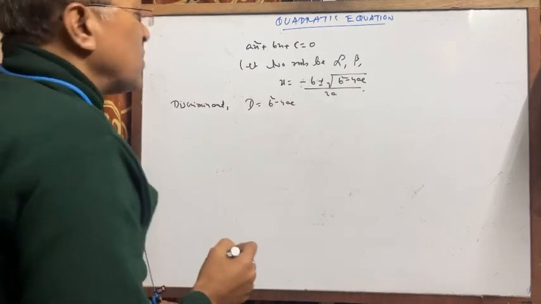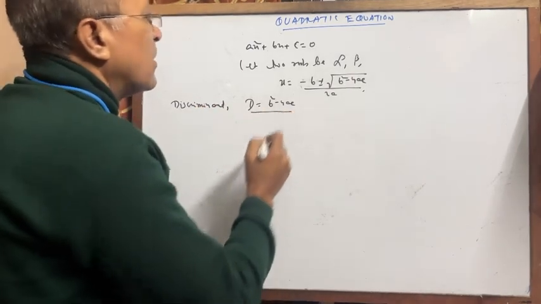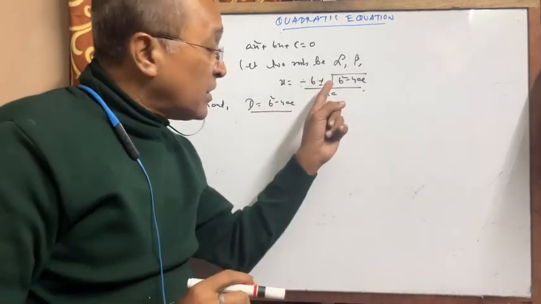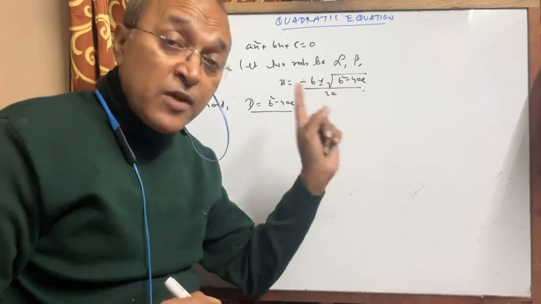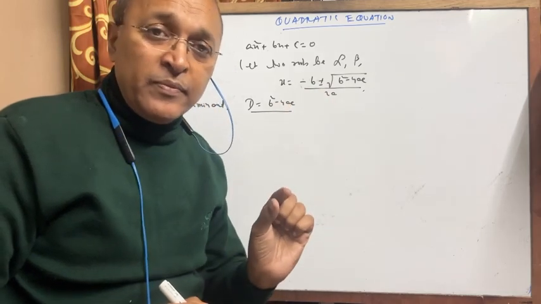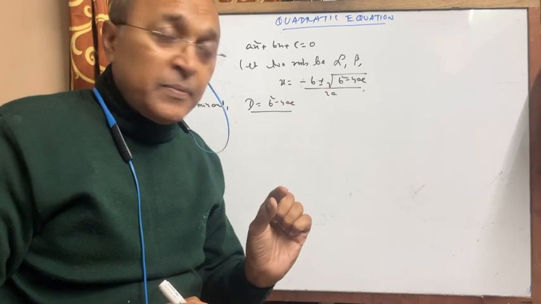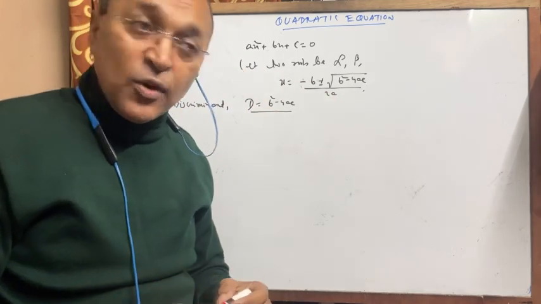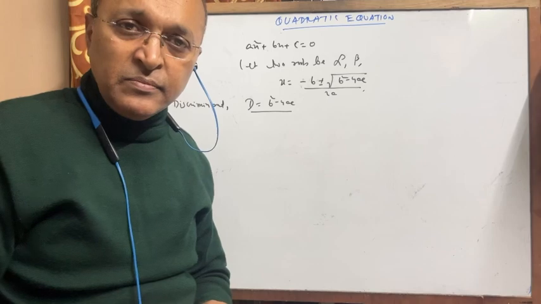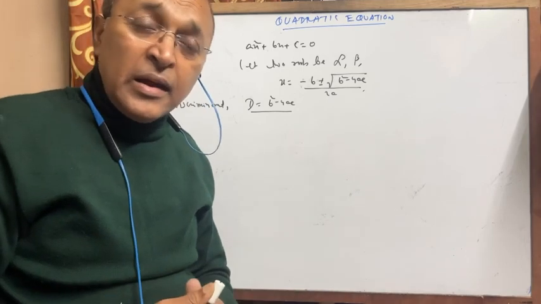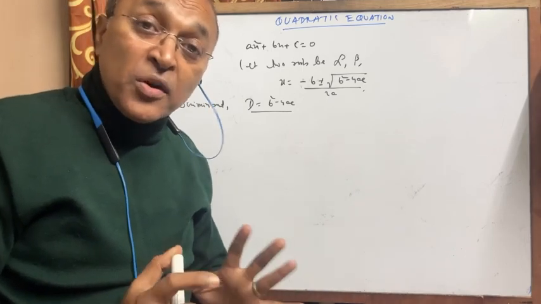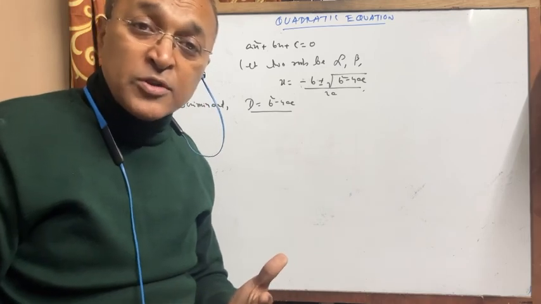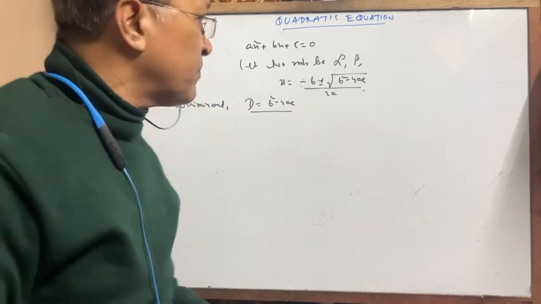This discriminant is important because, as all of you know, if there is any negative value under the square root, then the roots won't be real for that particular equation. Because the square root of a negative value is not real.